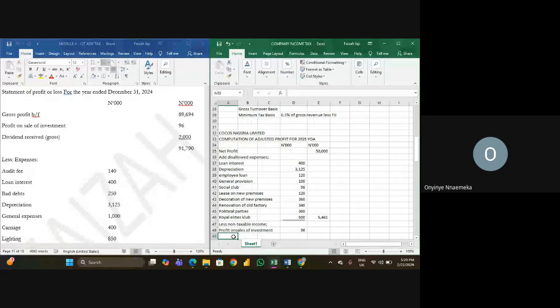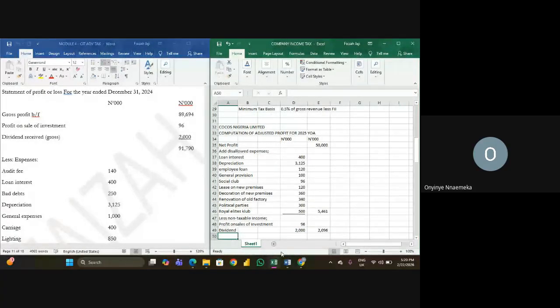$96. Then dividend 2,000. Addition of the two, but we are lessing, don't forget. So we have our adjusted profit.